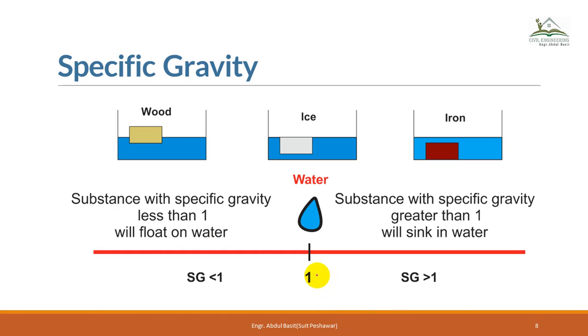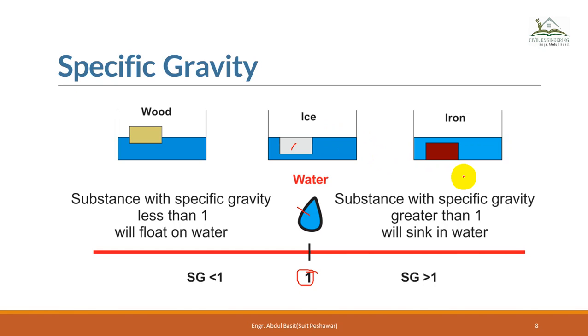But if the specific gravity of this substance is the same as that of water, that is 1, then it will sink in the water, and its top surface will be level with the surface of water. It will be completely submerged, but no water will be over the surface of this substance.